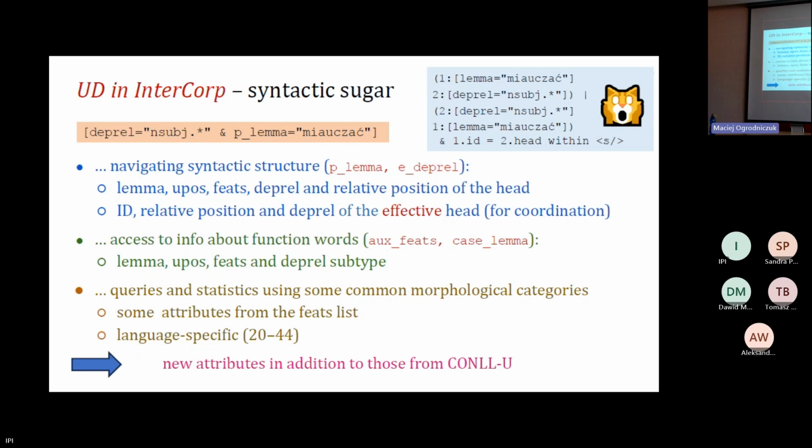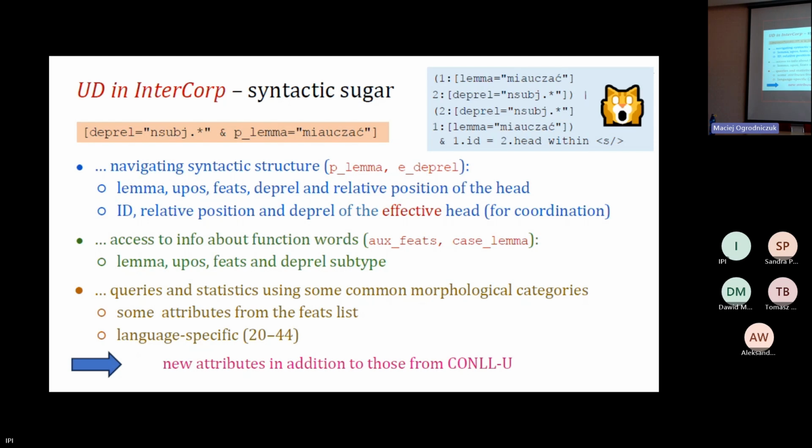And the subject itself has the information that the lemma of its parent is miaučať. So these are the attributes that we can use to navigate the syntactic structure.